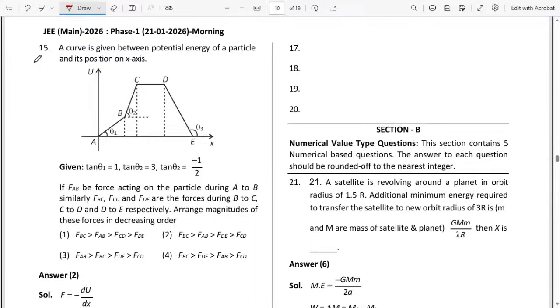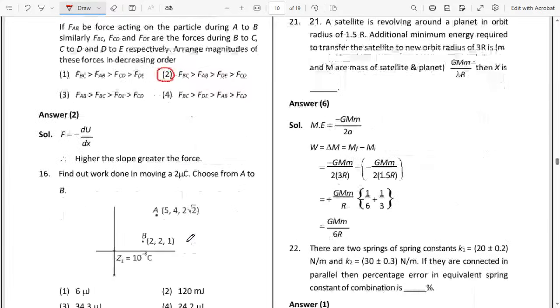If F_AB is the force acting on the particle during A to B, similarly F_BC, F_CD and F_DE are the forces during B to C, C to D and D to E respectively. Arrange magnitudes of these forces in decreasing order. So option 2 is the correct option, students. This is how you can solve this problem.